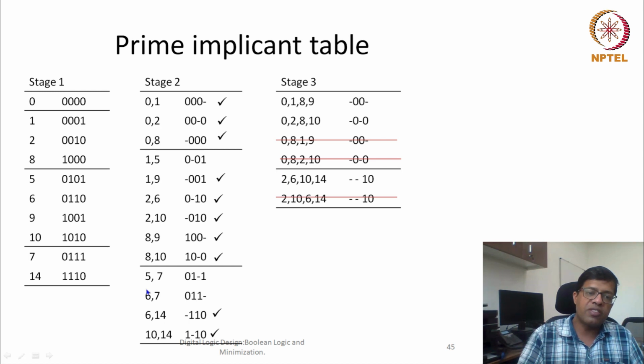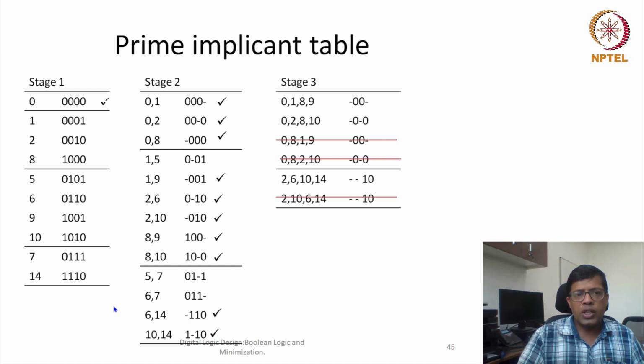However 1 5, 5 7 and 6 7 are prime implicants, because they could not be merged or grouped further into a larger implicant. So from stage 2, similarly we have to go to stage 1, and we have to see whether all the min terms have been covered by at least one of the implicants or not.